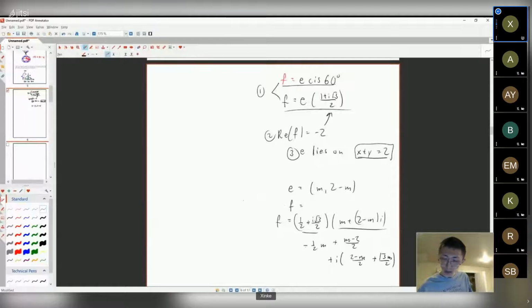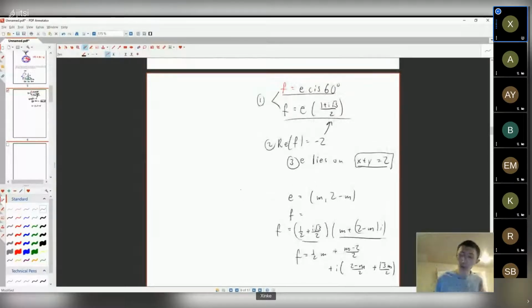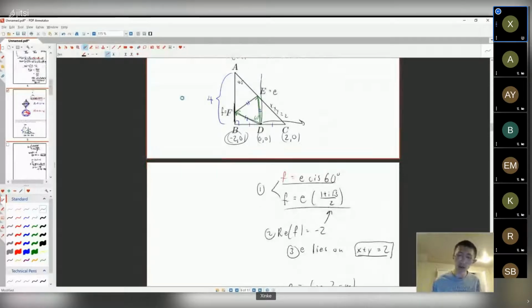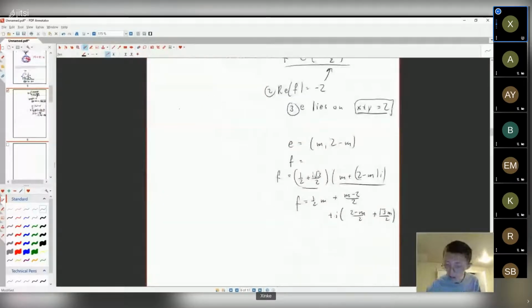So that's the coordinates of F. Then we want to choose M so that F has real part negative 2, because it's on this vertical line right here. So this is the real part: 1/2 M plus M over 2 minus 1 equals negative 2. So what is M equal to?